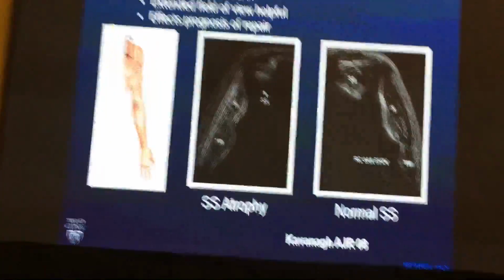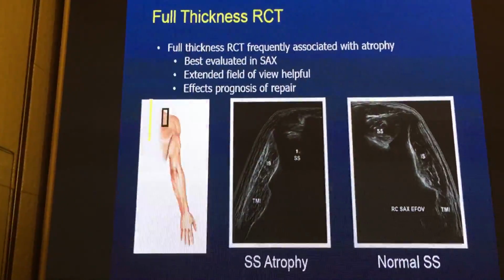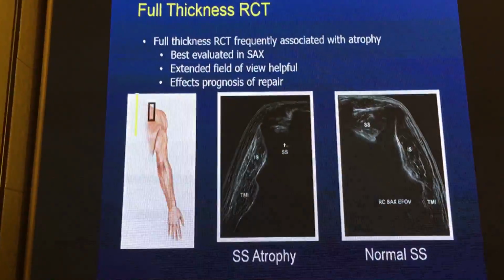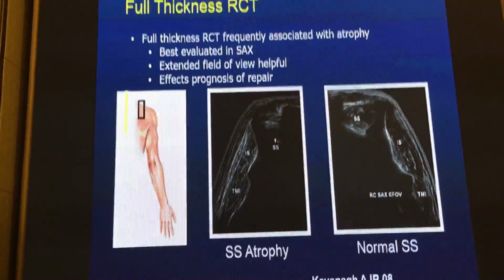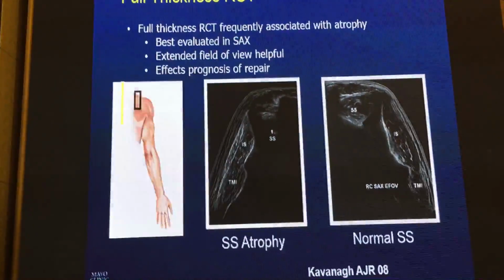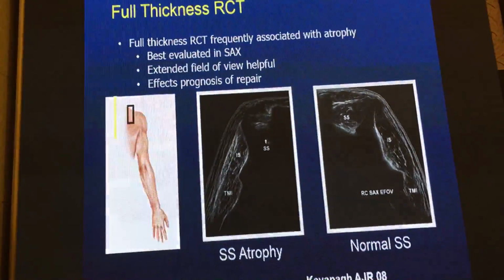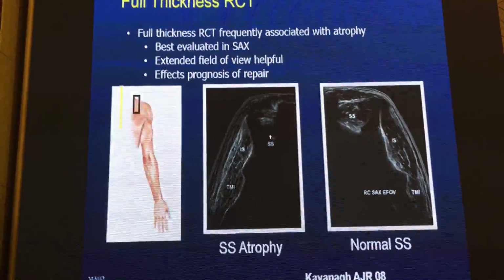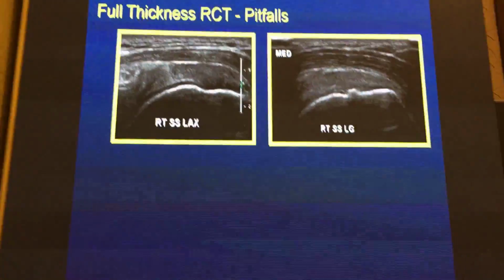What that means is that if you repair that, it is going to be a non-functional supraspinatus tendon, and the tendon is going to be so thin that the repair is just going to re-tear. So that's a person that should definitely just have rehabilitation and should not go to surgery.